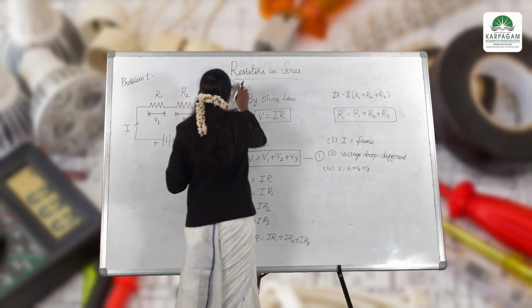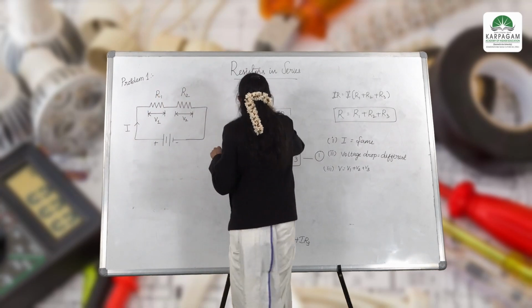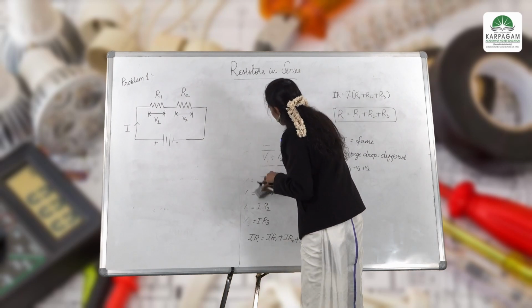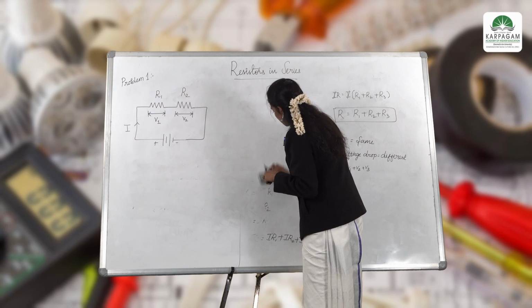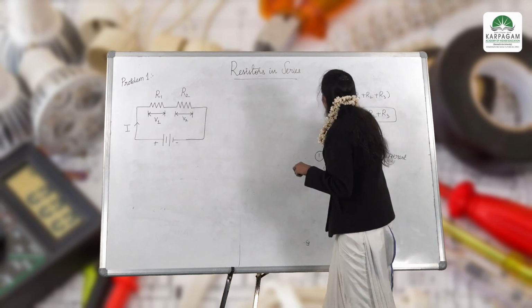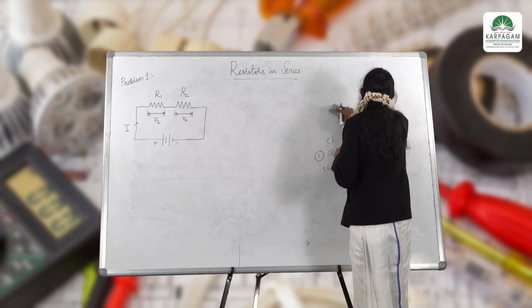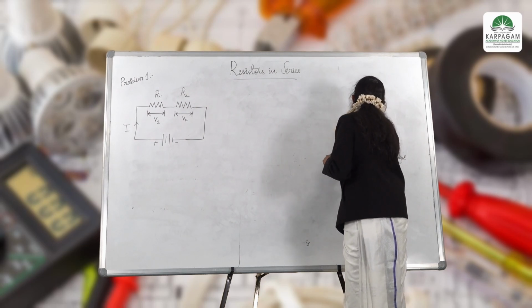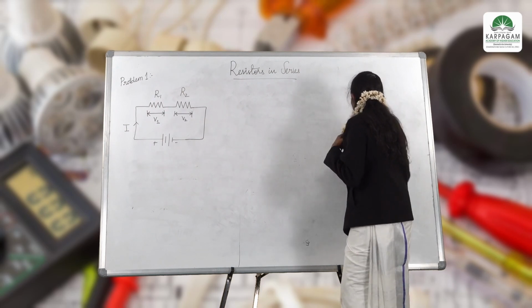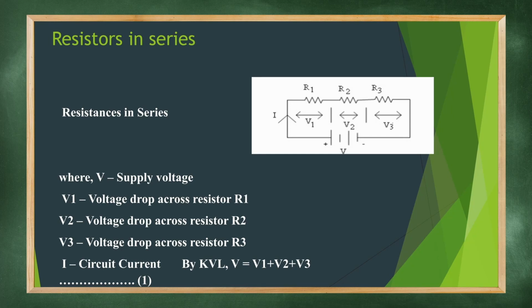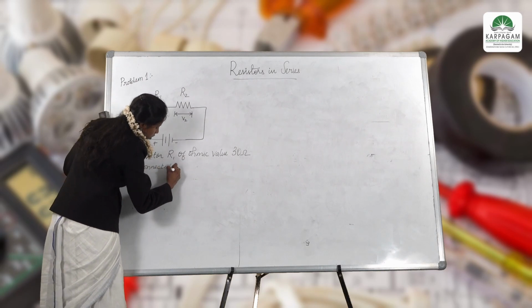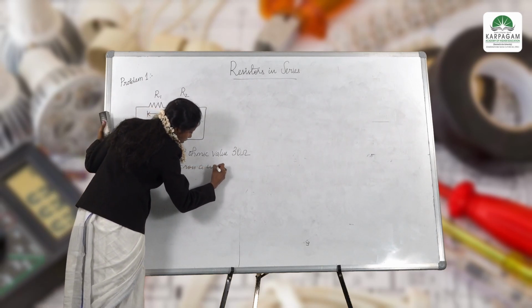So moving to the problem. Here we have a resistor R1 of ohmic value 30 ohms connected in series with an unknown resistor.